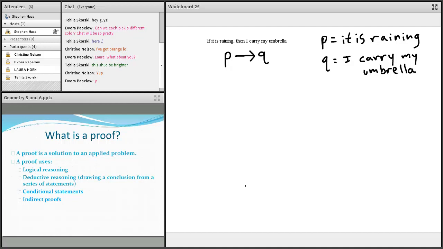For example, if you want to prove that something is not a parallelogram, it's very difficult to prove a negative in general. What you'd really have to do is say, if it were a parallelogram, then opposite sides would be equal. In this case, opposite sides are not equal, therefore it is not a parallelogram. That's an indirect proof.